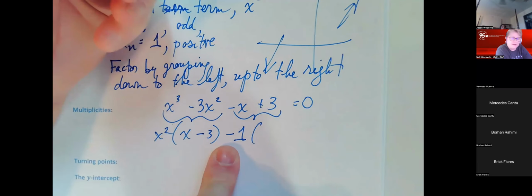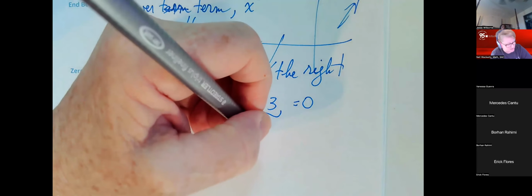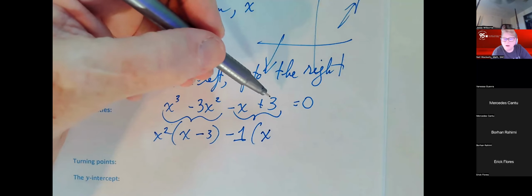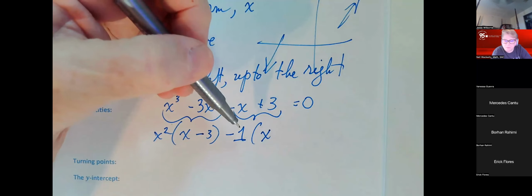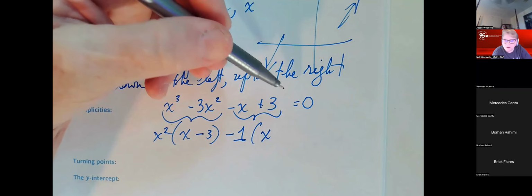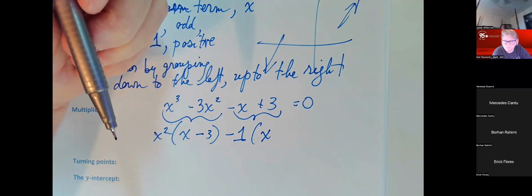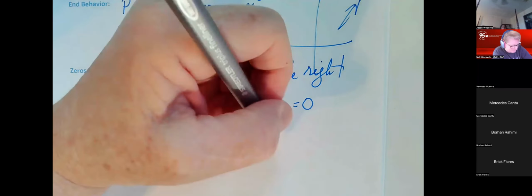Negative. Okay, negative divided by a negative is positive. But now let's do positive 3 divided by negative 1. What is a positive divided by a negative? Negative? Yes.